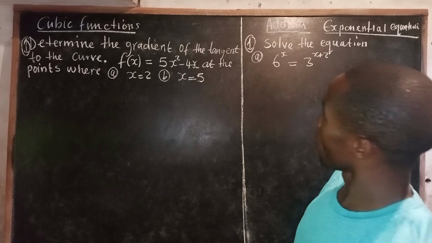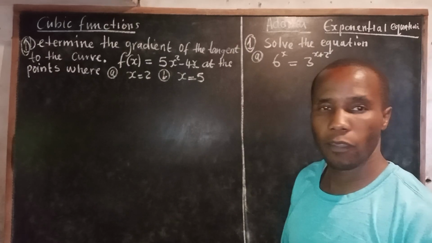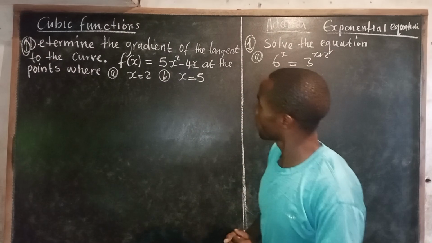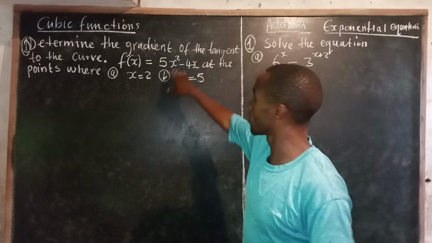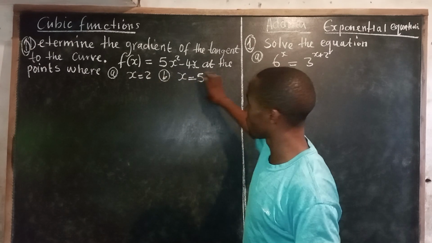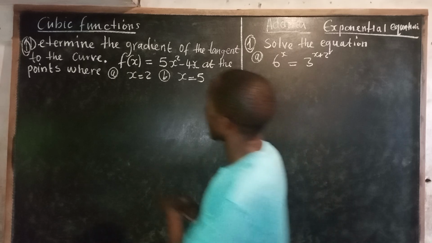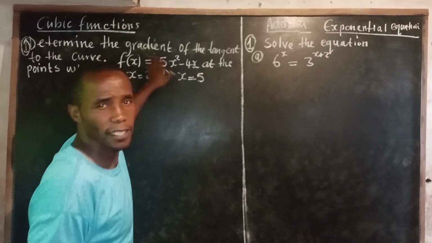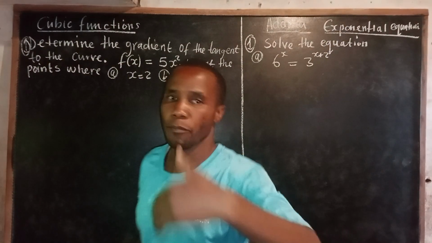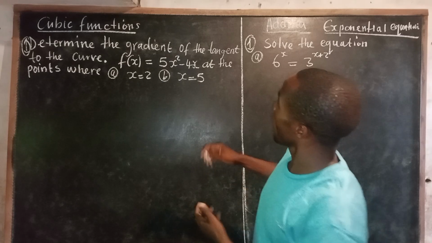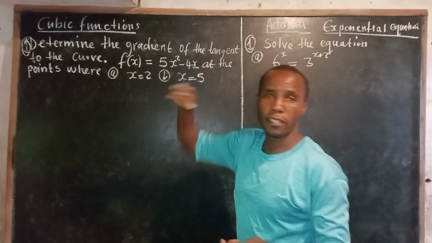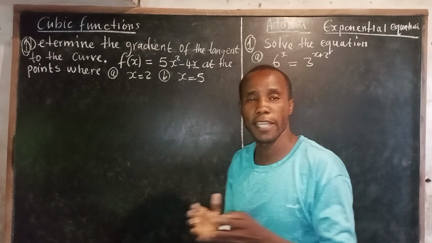Now, what are we supposed to do to find the gradient of this curve when we are given these values as x coordinates? As I said in the previous lesson, the gradient is dy dx.